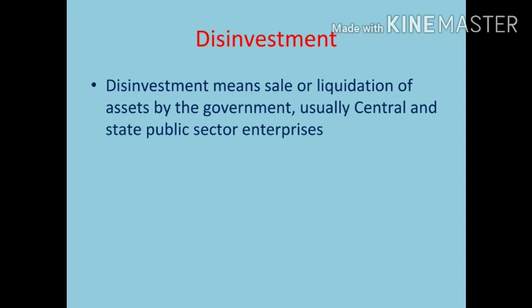So the entire unit is not sold to the private sector; the government is selling these companies only partially. That is known as disinvestment. So disinvestment is selling the shares of public sector undertakings to the private sector.